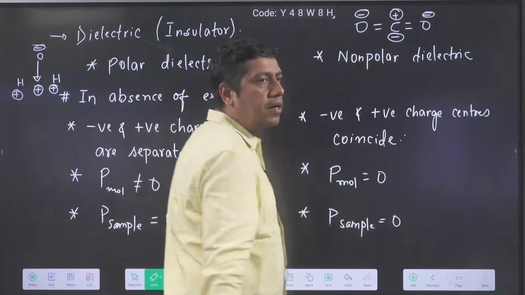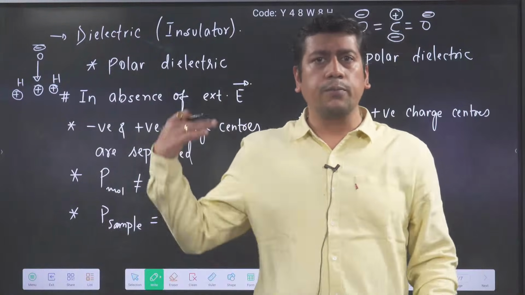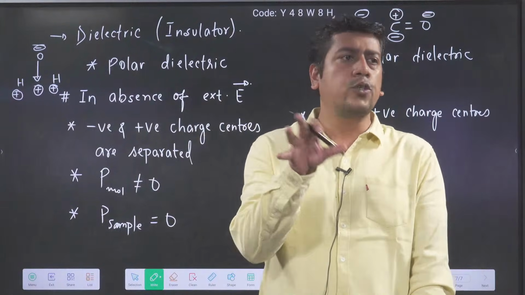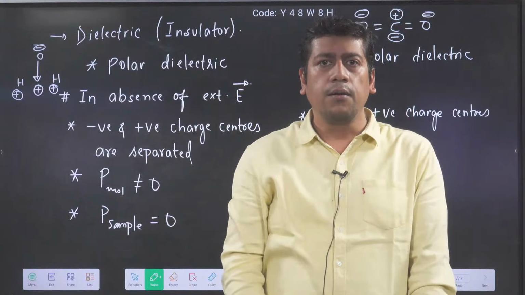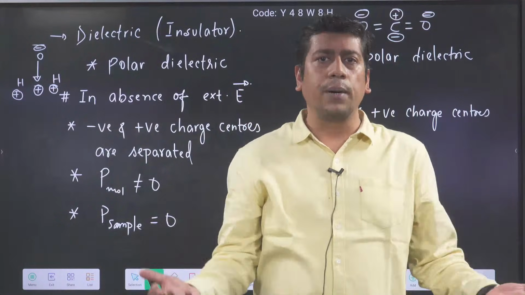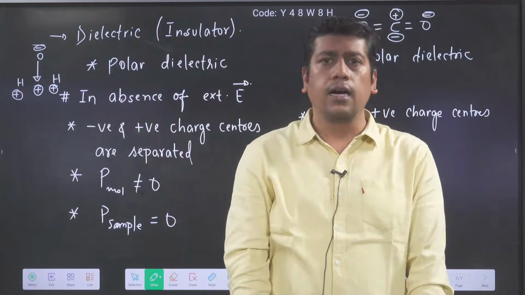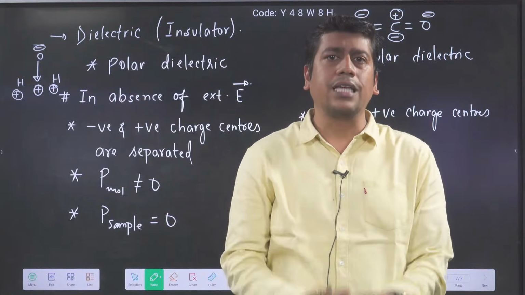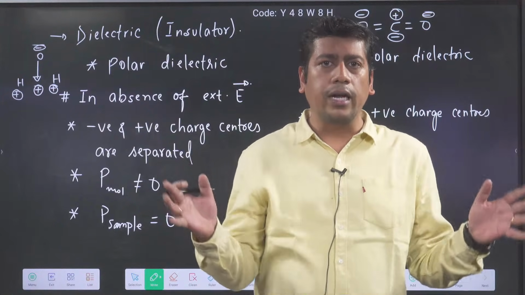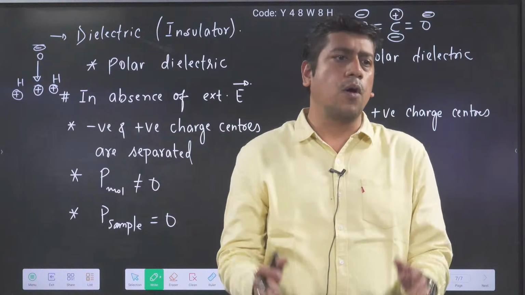Now, what is a sample? Sample means a collection of such molecules. Like an H2O molecule is simply OHH, but an H2O sample means a bucket of water, a glass of water. Sample is nothing but trillions and trillions of the same molecule.